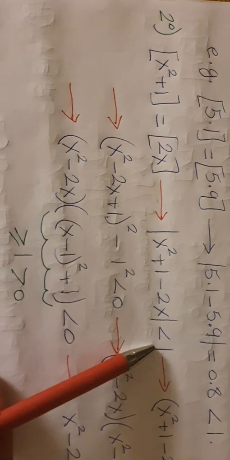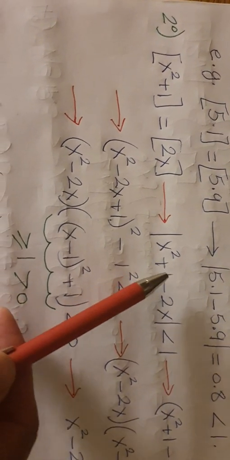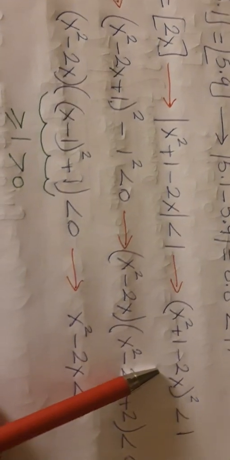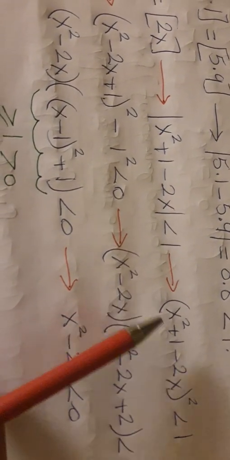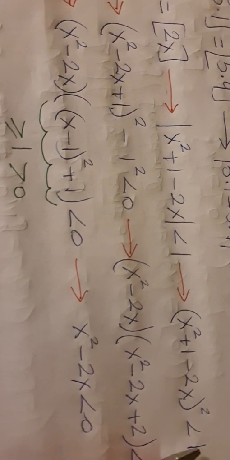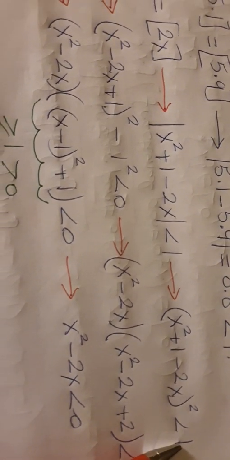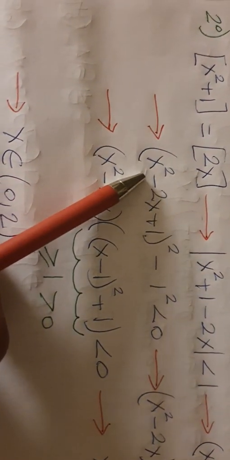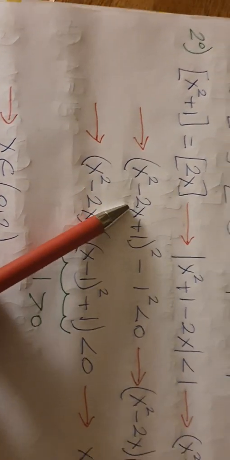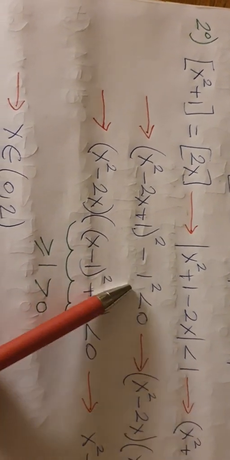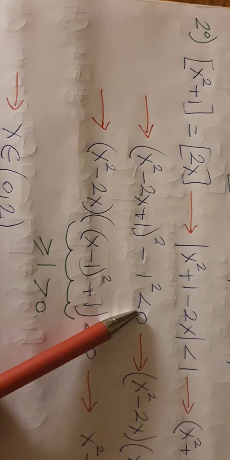Now, if I square both sides of the inequality, I will get (x squared plus 1 minus 2x) squared is less than 1 squared, which is 1. And this means that (x squared minus 2x plus 1) squared minus 1 is less than 0.